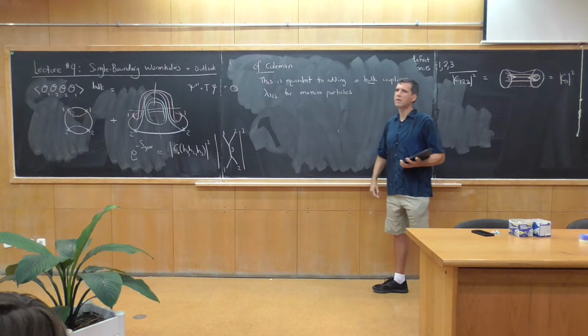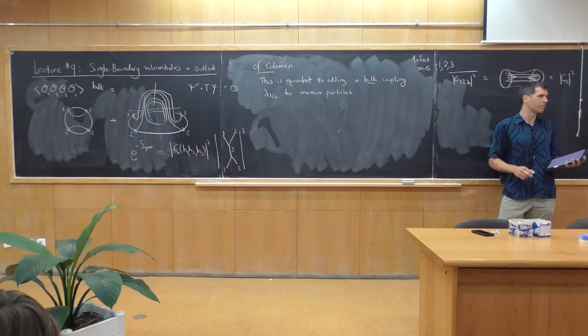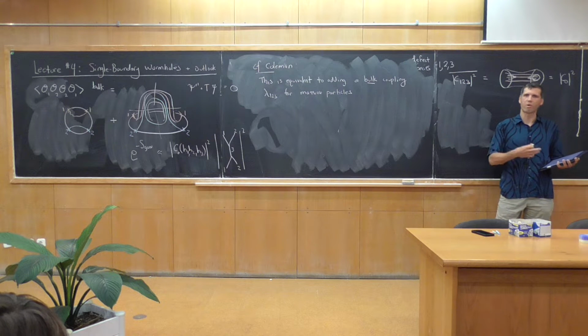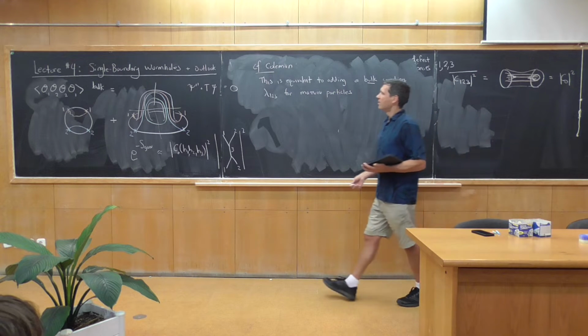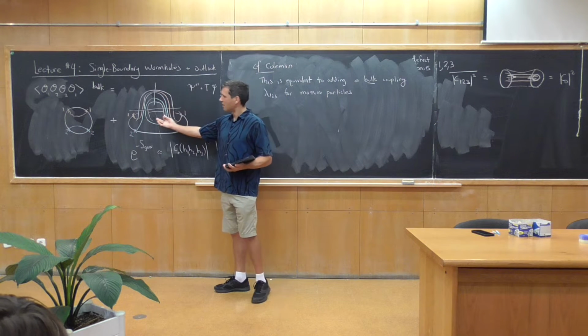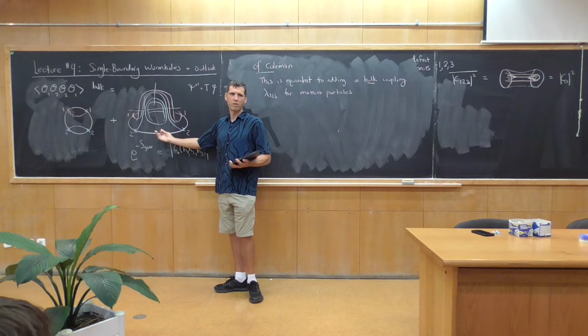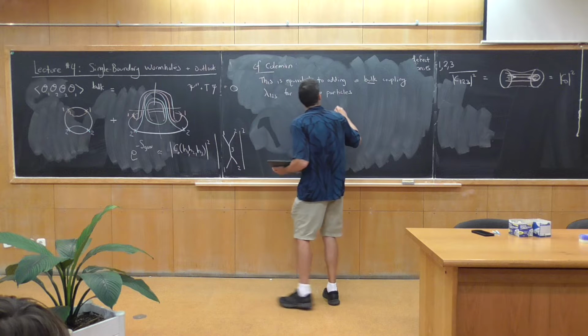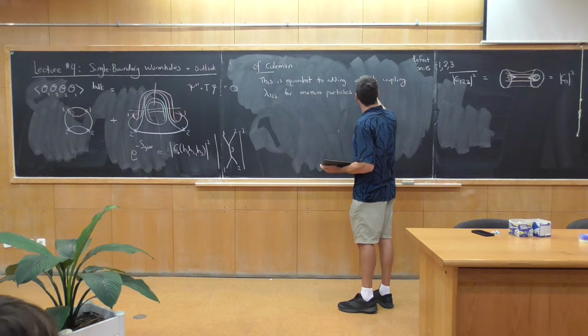If you recall yesterday, we just had the Einstein action plus the world line action of the particles. There was nothing there that allowed the particles to interact with each other. But what this wormhole does is it effectively gives an interaction between the particles. So we could add a bulk coupling lambda 1, 2, 3 for the massive particles and average it.